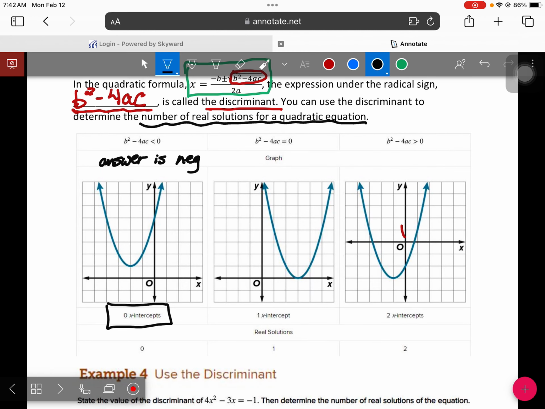When that discriminant is equal to 0, then you are going to have 1 x-intercept, which means 1 real solution, which means it's the double root.